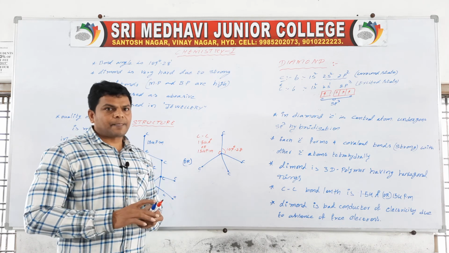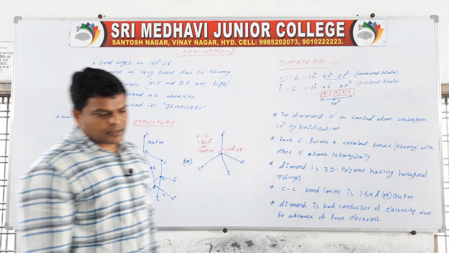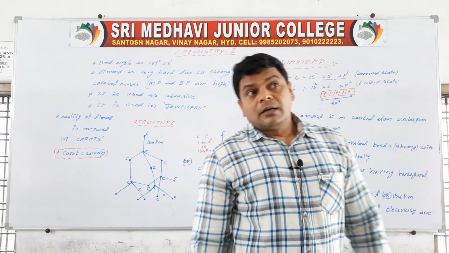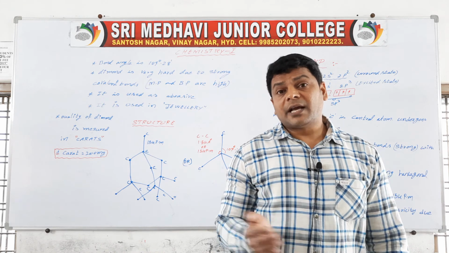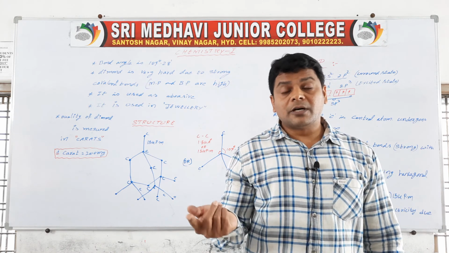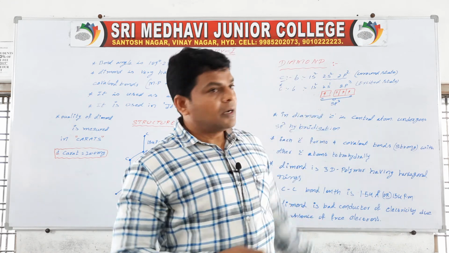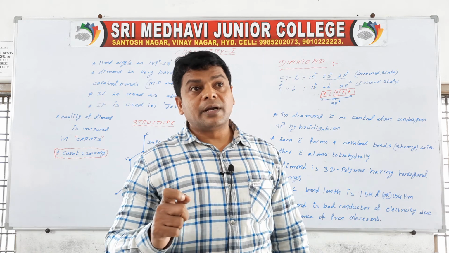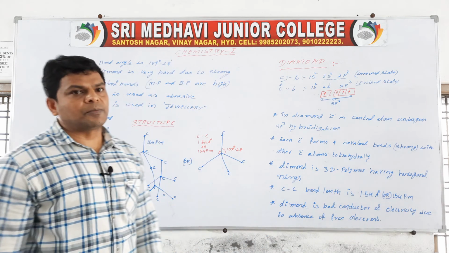So it is the hardest material in the world due to the presence of high boiling points and melting points. Why does diamond have high boiling and melting points? It forms 4 sigma bonds with the other 4 carbon atoms. The carbon-carbon bond enthalpy is also very high, nearly 348 kilojoules per mole.